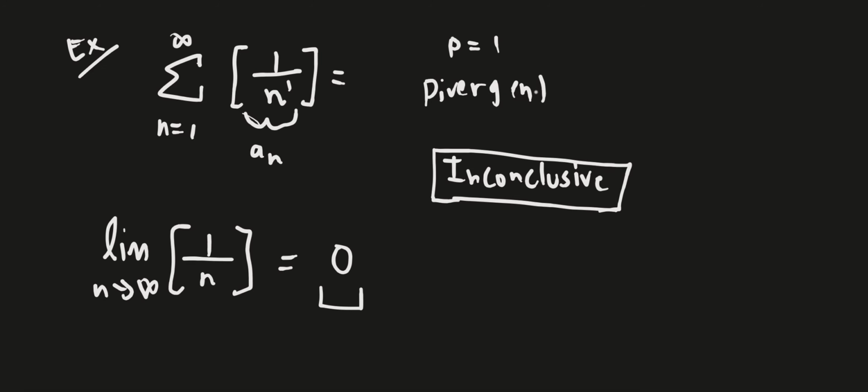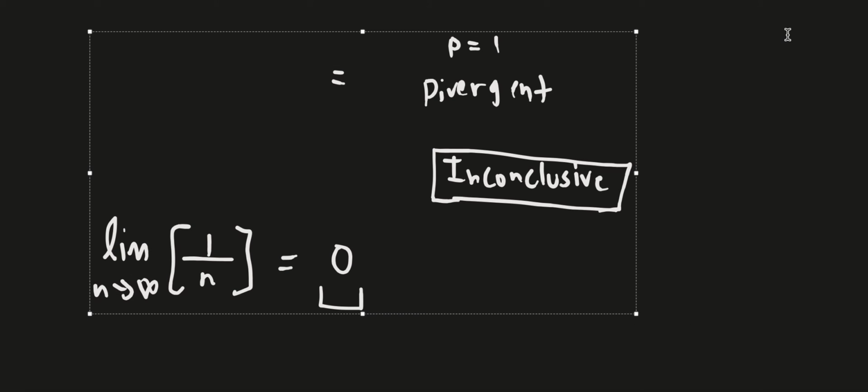That shows that it's divergent. There are also other inequalities that you could use, but that's not this video. So this is a good example to show that the divergence test is not always going to help you. If it's equal to 0, it's not going to help you.